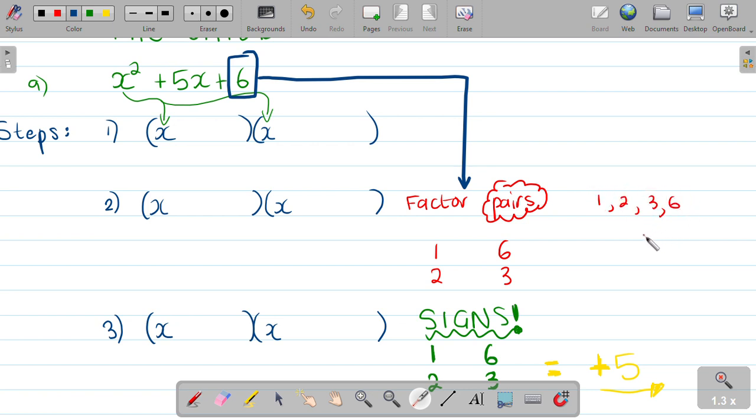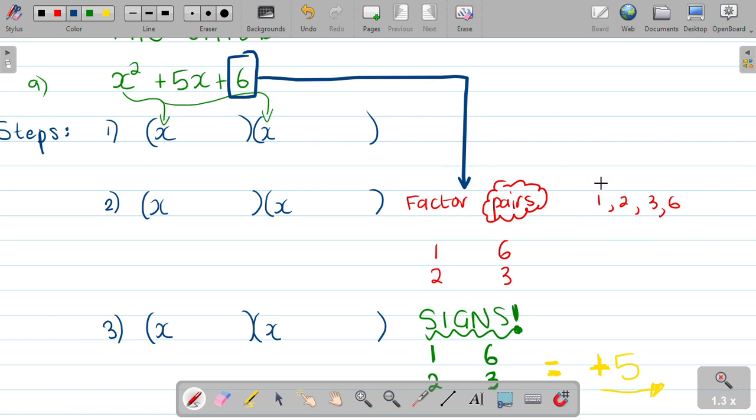Very nice and easy. And now we need to list them specifically. We need to pair the factors up. So how do you do that, and why do you do that? Firstly, how do you do that? The factors that you pair up together are the factors that when you multiply them together, give you the third term.